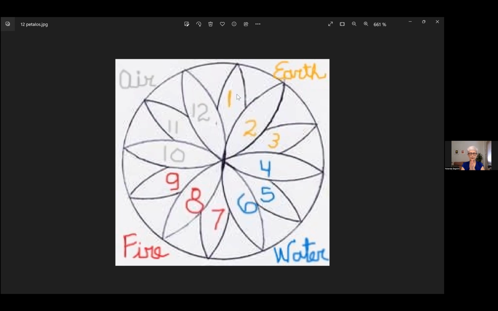Now we go through the third element, fire. The mudra is this one, the element fire. And the first portal of the element fire of the soul is detachment.